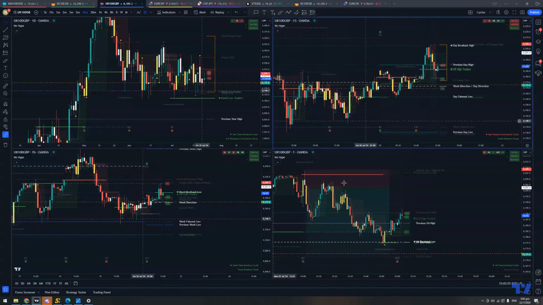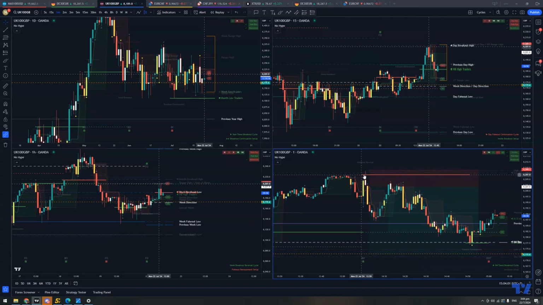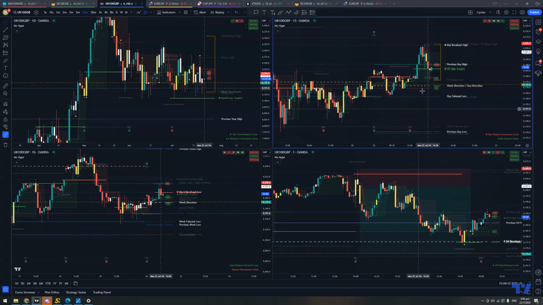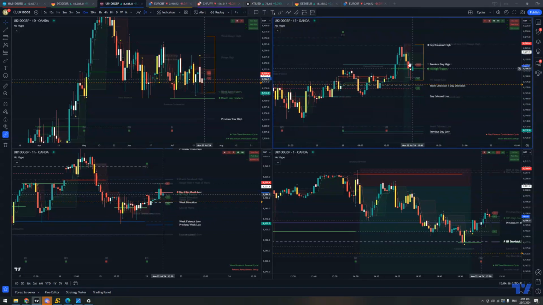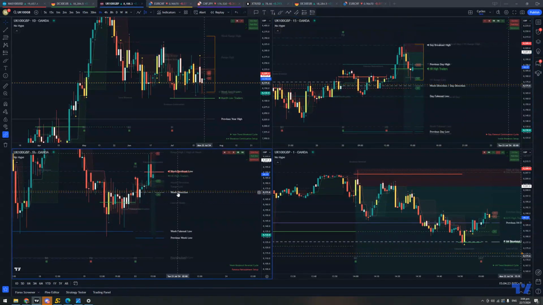So I ended up taking that sell shortly after London Open: pin bar at the high of the day, faked out the H1 high, took a sell right here, stop loss at the high of the day, targeting the previous day low. But I don't expect that move to happen straight away. I was planning to take partials when it gets to the weekly open.